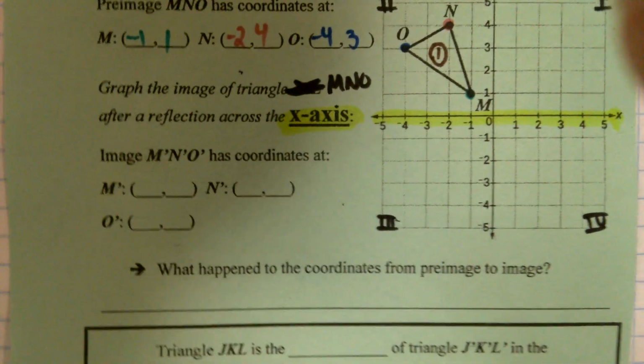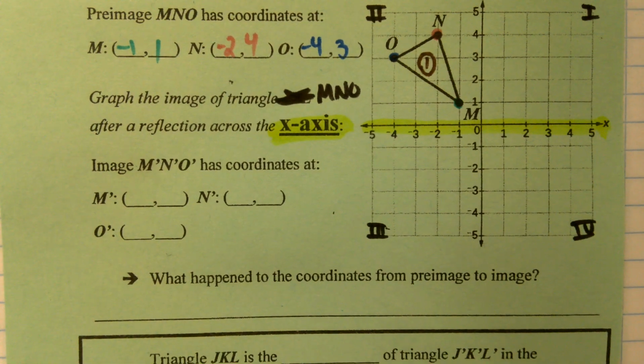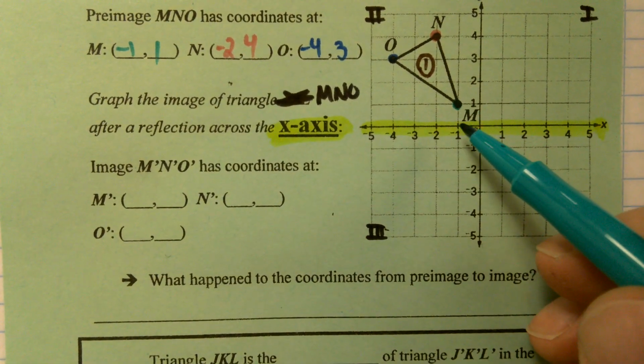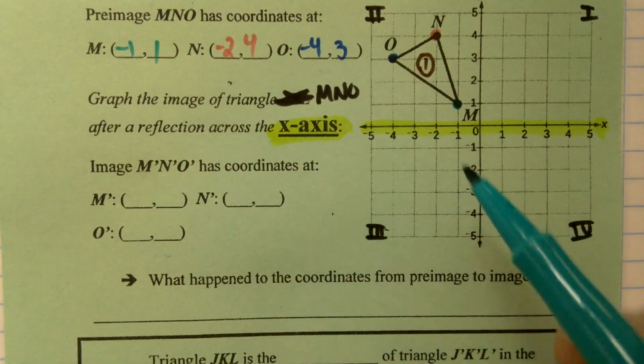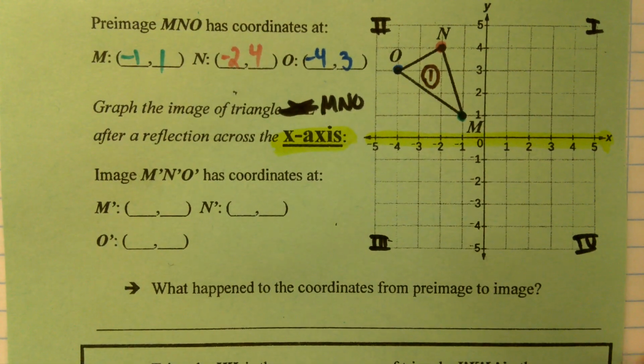So here's how we're going to do it. It's really, really easy. Once again, we all know how to count. So we're going to go point by point. Just like with the bed frame before, we got to take it apart piece by piece. I'm going to start with point M. And I'm going to ask myself, how far away from that mirrored line is point M? How many boxes away is it?